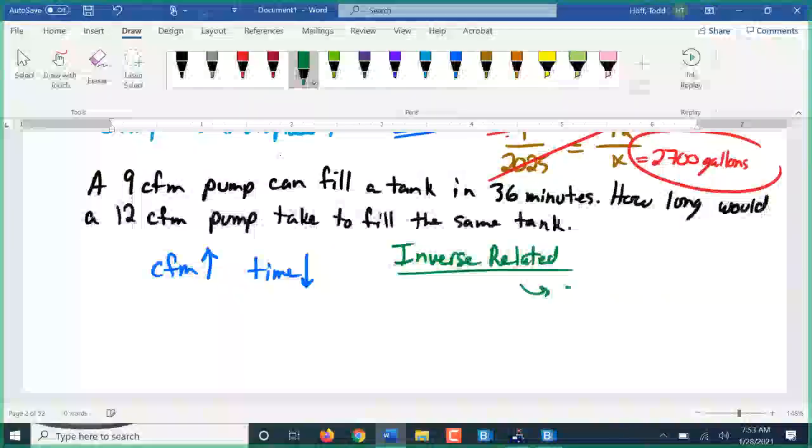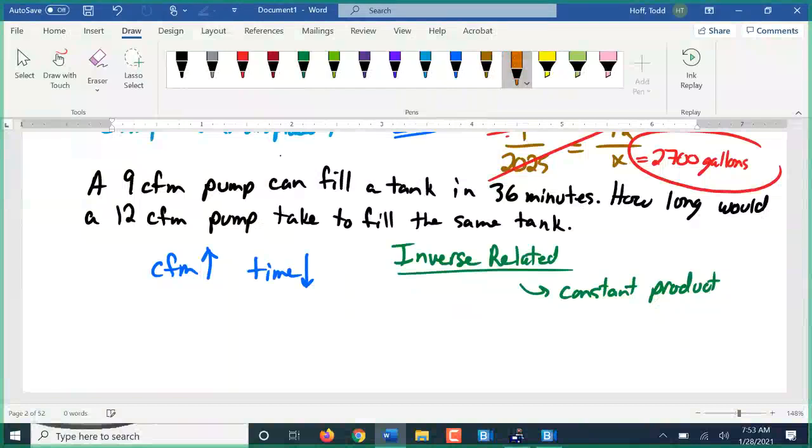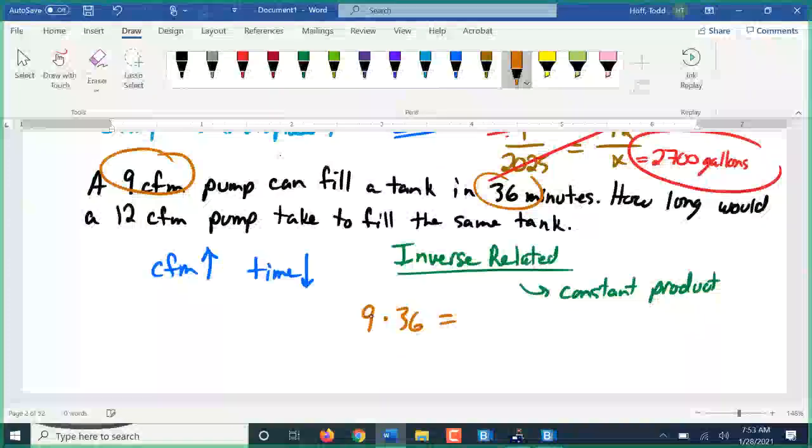Means we're looking at the constant product. So for the first pump, we have 9 CFM in 36 minutes. So 9 CFM times 36 minutes. For the second situation, it's going to be 12 CFM. And we're trying to find the number of minutes, so X minutes.